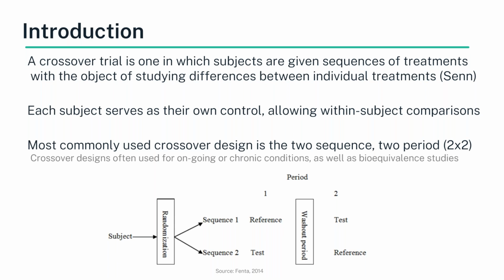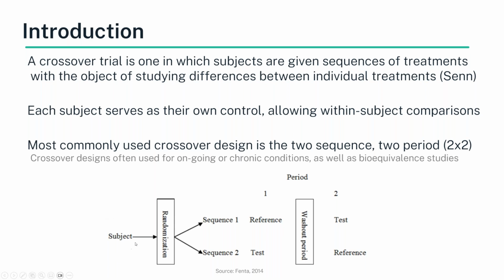In this design, half of the subjects will receive the test drug first and then switch or cross over to the reference drug, and then vice versa for the other half of the subjects. You can see here, just down the bottom of the slide, a diagram of how that would work.